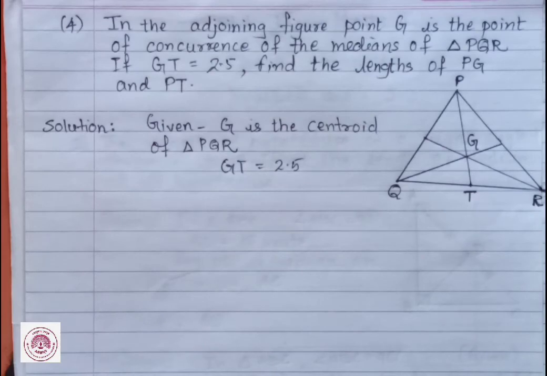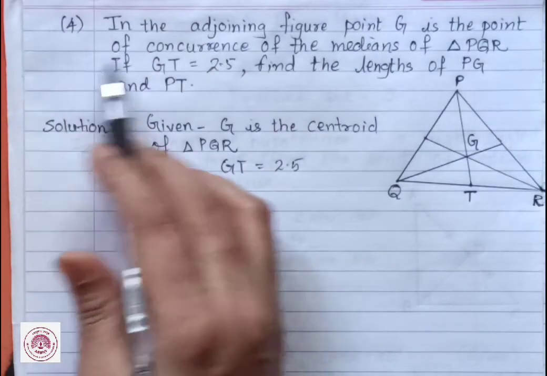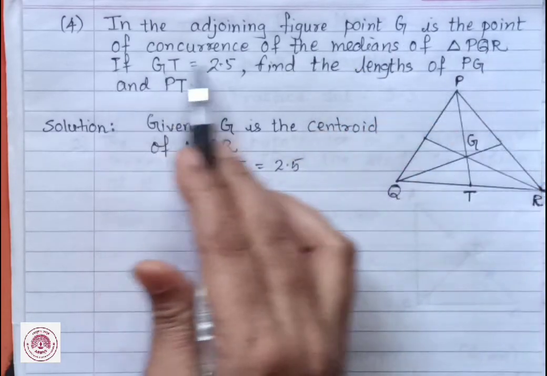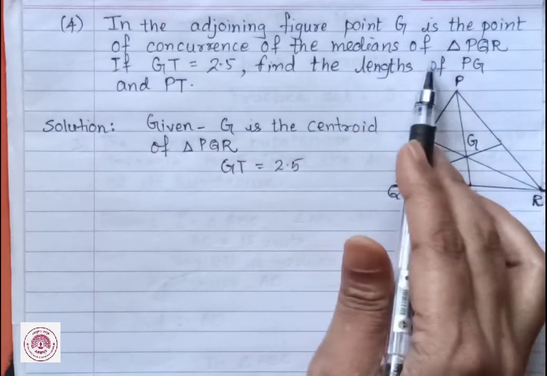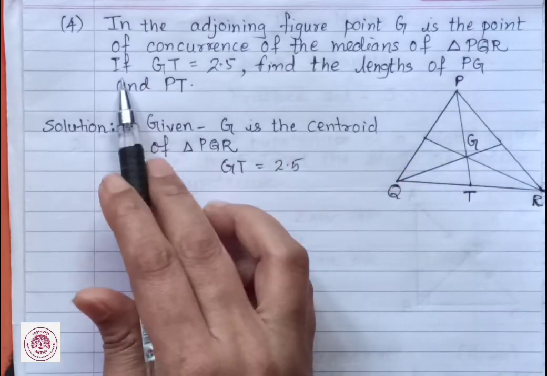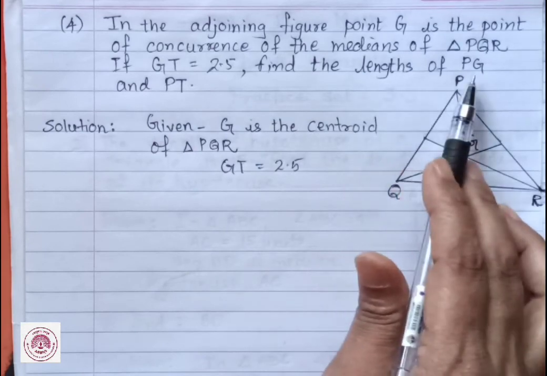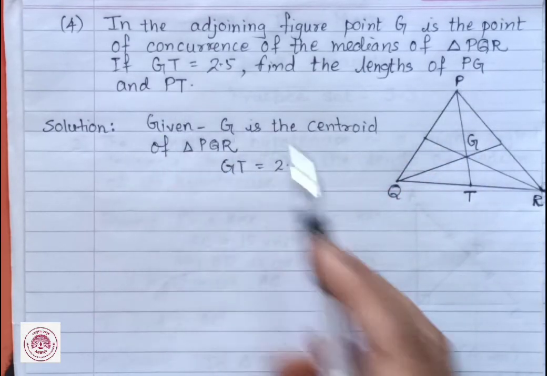Now let's solve question number 4. In the adjoining figure, point G is the point of concurrence of the medians of triangle PQR. If GT equals 2.5, find the length of PG and PT. So this is the question.